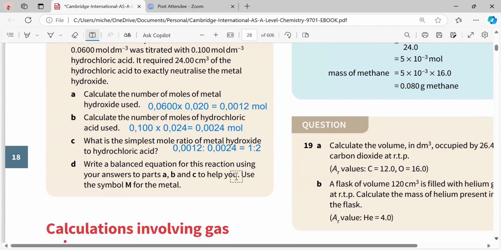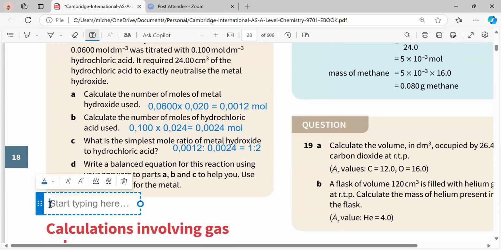So now we have to write the balanced equation. We have M for the metal. It's already stated in the question. So metal hydroxide, I think I've seen this before, I'm just going to write this metal hydroxide as MOH, plus hydrochloric acid, which is 2, so 2 HCl.